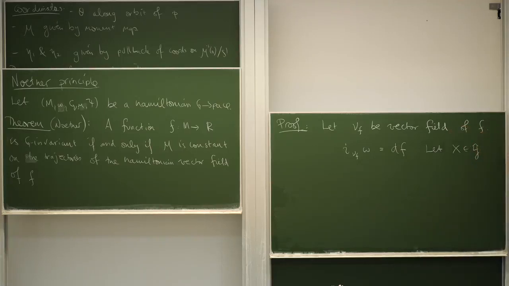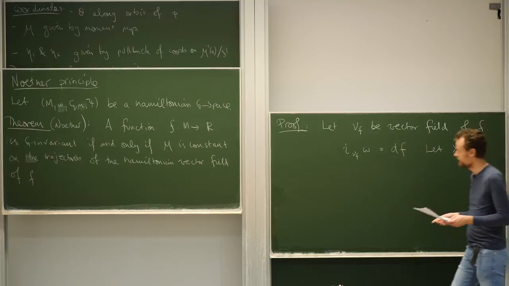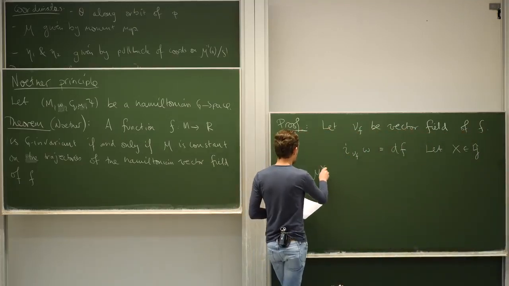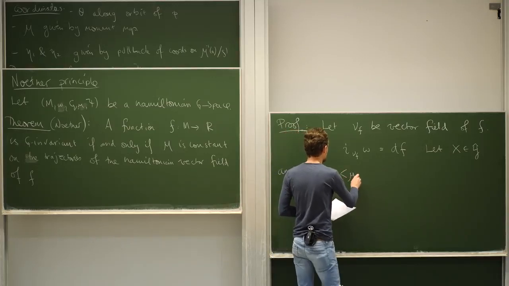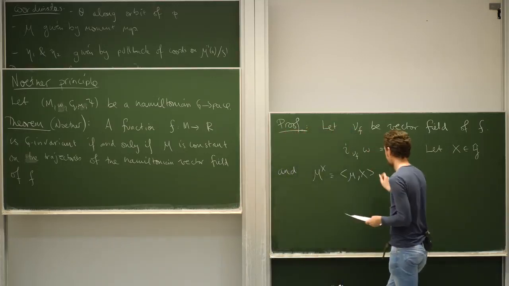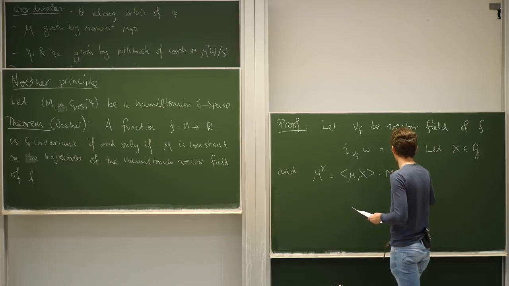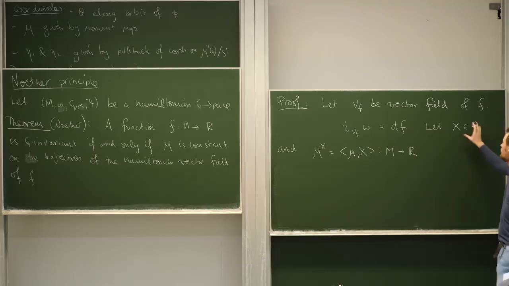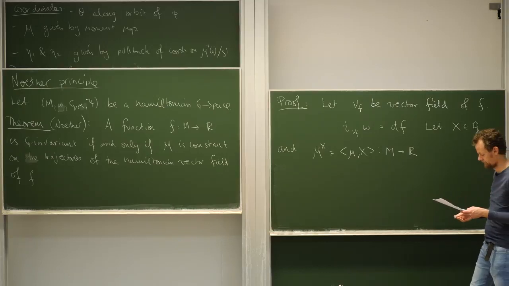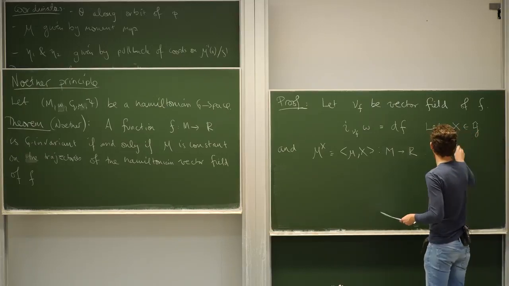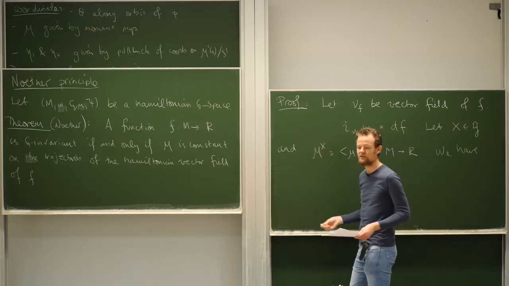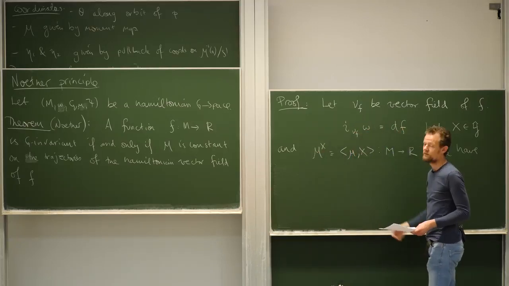Now we're going to let x be an element of the Lie algebra of the group G, and define mu x as before, to be the Hamiltonian function of the G action on the symplectic manifold M. And we're just going to look at how this function changes under that vector field nu of F.